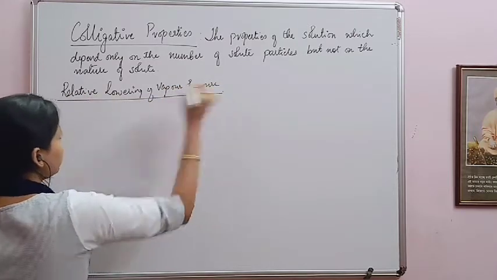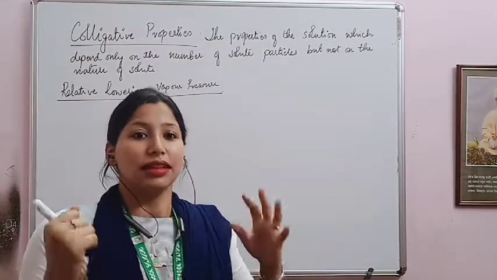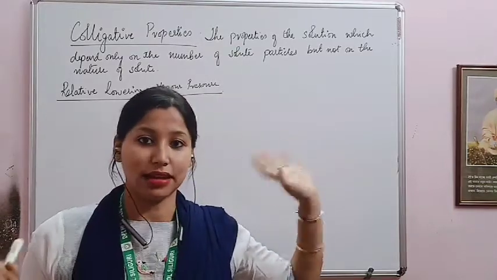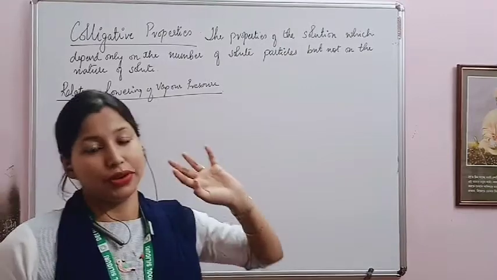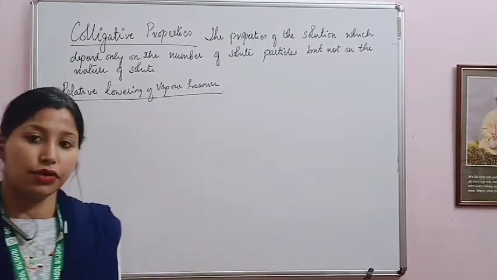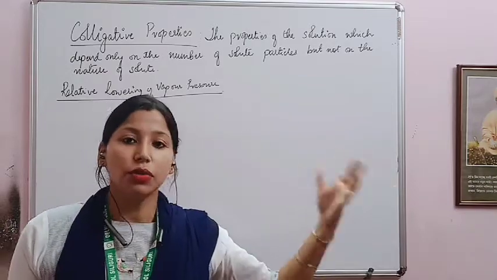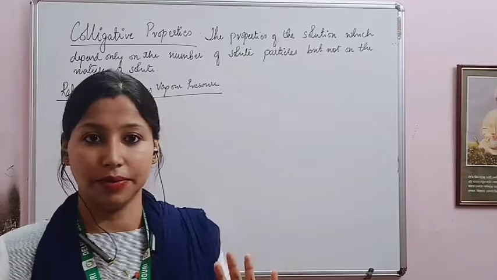Now, the definition of colligative property is extremely important. This is one thing I want to mention before we start. Now, relative lowering of vapor pressure. To understand relative lowering of vapor pressure, we have to go back to our idea of solution where we studied solutions of solid and liquid.